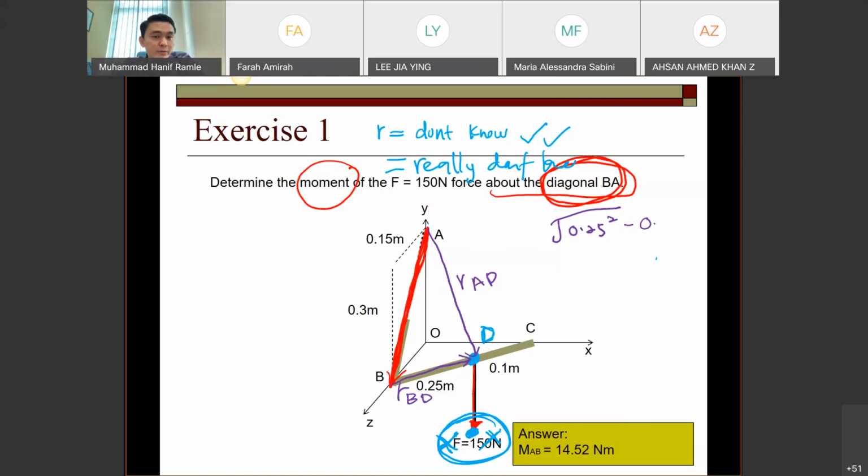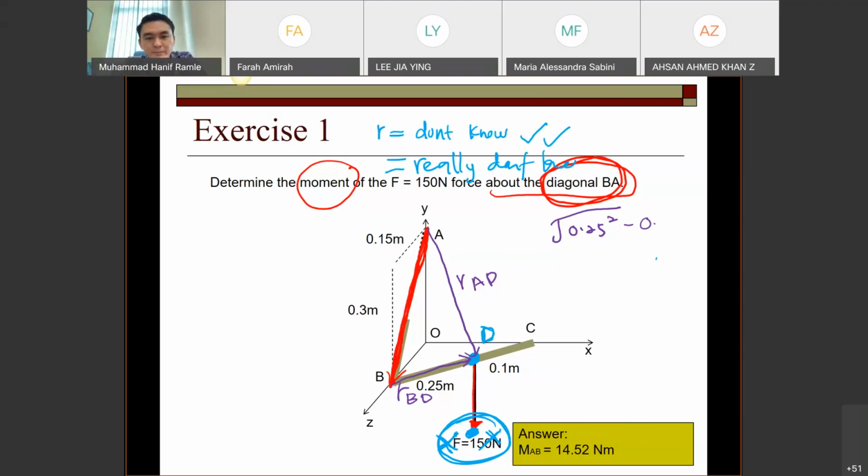Oh, really? So how to find RAD? Okay, forget about RAD first. My question is RBD. Don't get confused yet. So let's focus on RBD first. Without having RAD, we can get RBD actually.